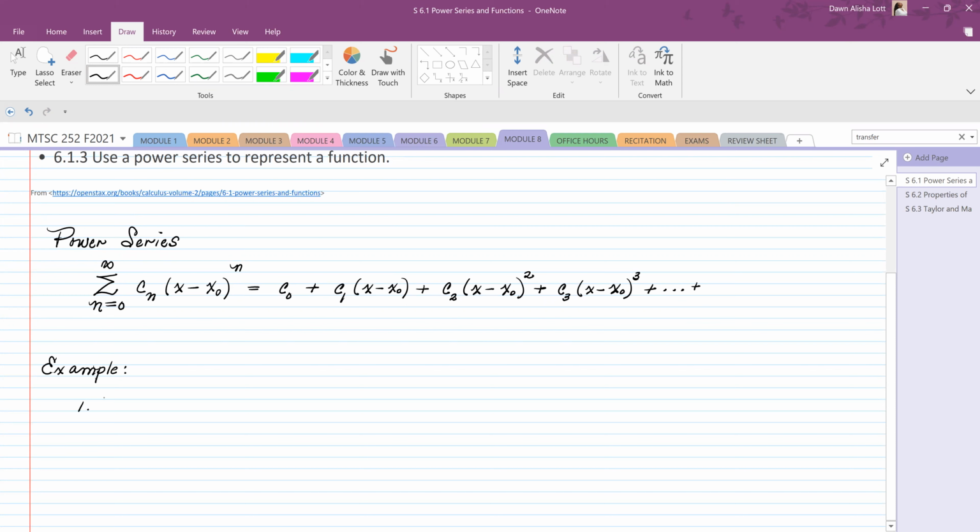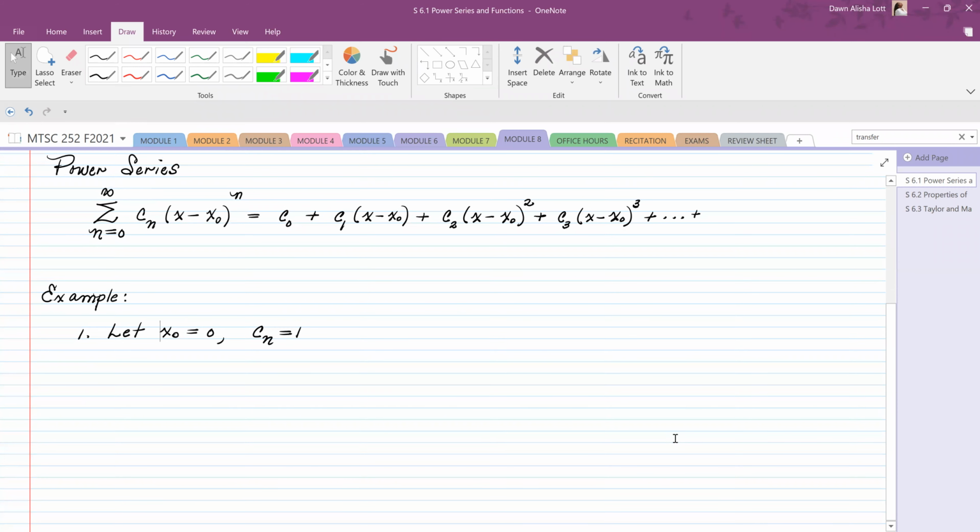In the first one, I'm going to let x naught be 0, and I'm going to let Cn equal 1. So then I get the sum, n equals 0 to infinity, Cn is 1 for all n, and then (x minus 0), which is just x, to the n power.